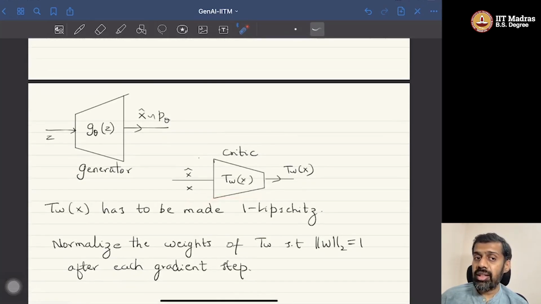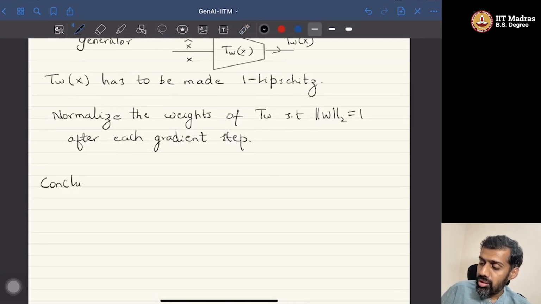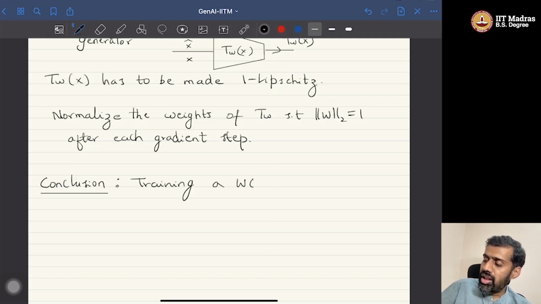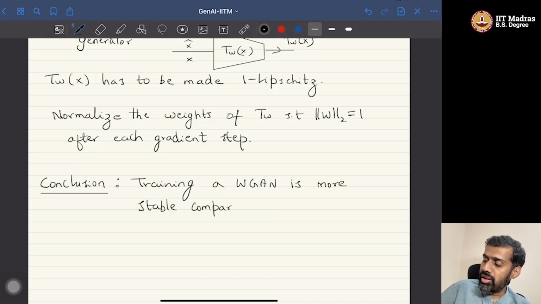And it is observed that the conclusion is that training a WGAN is more stable compared to that of a naive GAN, right?